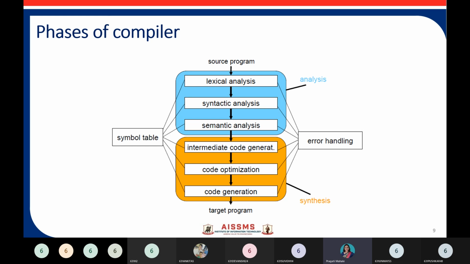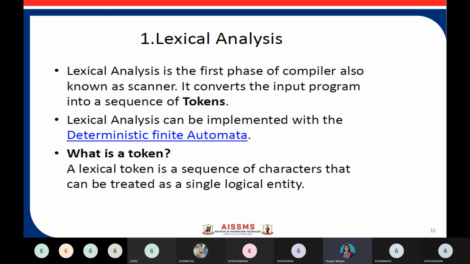So I hope this particular diagram which shows the phase structure of the compiler is clear to you. While answering a question on explaining different phases, you can also explain your answer with this supporting diagram. Okay, I hope it is clear to you.